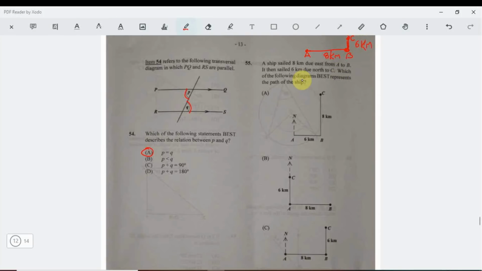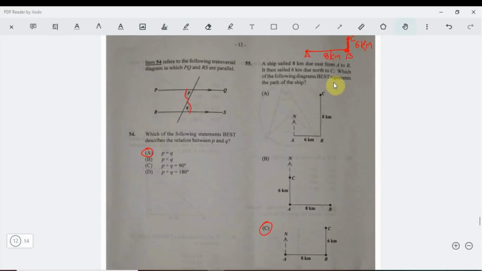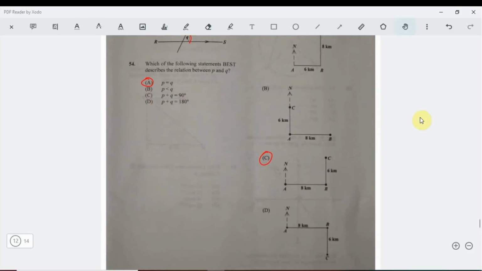Which of the following best represents the path of the ship? So it should look something like this. Look for which one looks like that: 8 kilometers going east, 6 kilometers going north. That's option C. That's all. That's it.